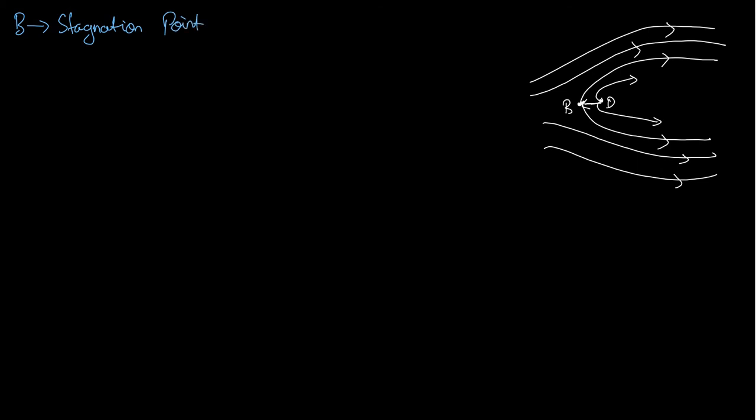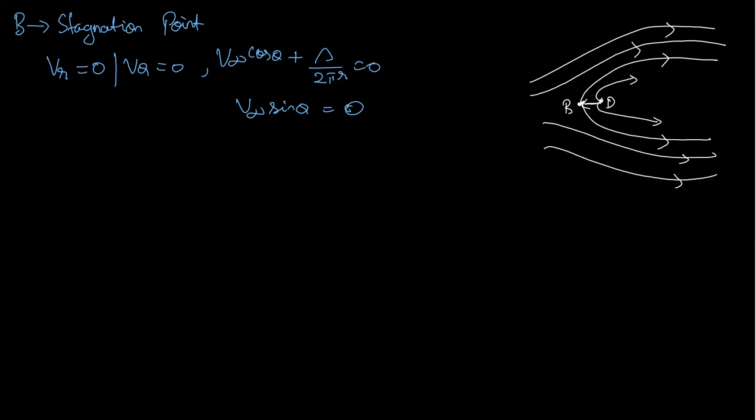And to find out the stagnation point is relatively very simple. I just put Vr equals 0 and V theta equals 0, because that is what it means. So it is V infinity cos theta plus lambda by 2 pi r equals 0, and V infinity sin theta equals 0. These were my Vr and V theta. Sorry, there are some glitches.